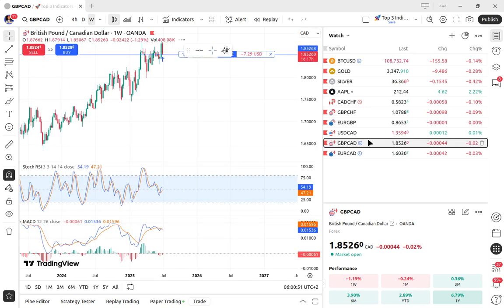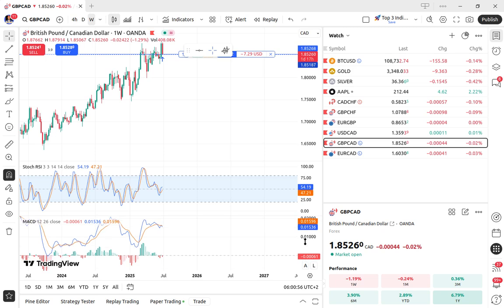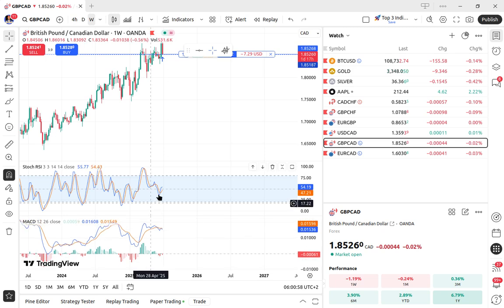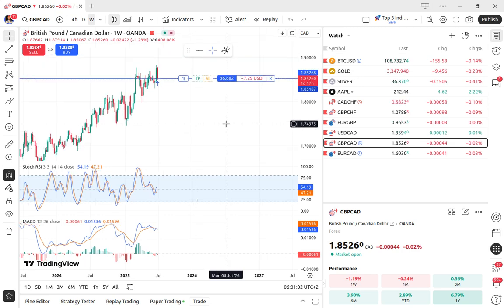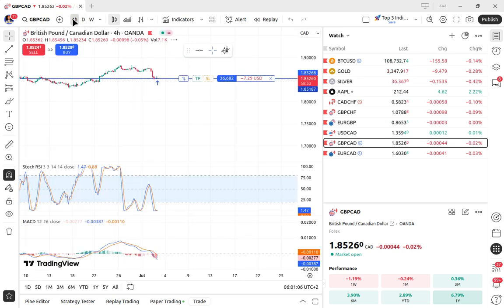If you look at this one, it's a reversal chart pattern as well, though it's not very perfect. So I look for a reversal on the week, then I look for the entry on the 4-hour candlestick chart pattern.